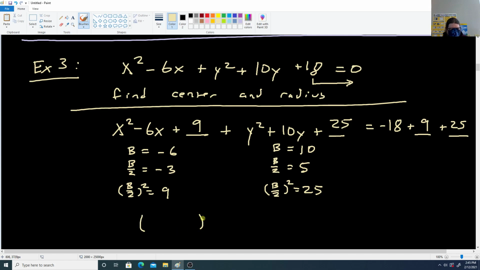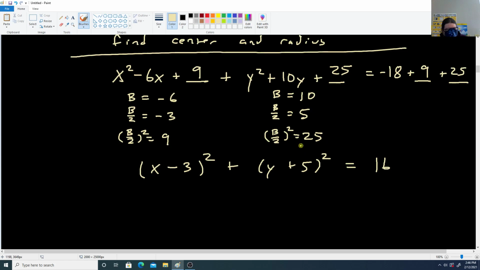Now the x's will factor up according to their middle number, which is negative 3, so we'll get x minus 3 squared. The y's will factor up according to their middle number, which is positive 5, so it'll be y plus 5 squared. Then that equals, let's see here, negative 18 plus 9 is negative 9. Negative 9 plus 25 is 16.